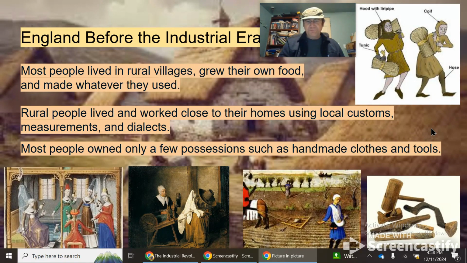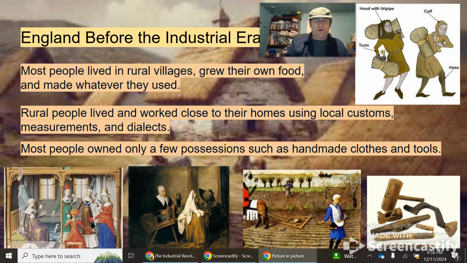Rural people lived and worked close to their homes using local customs, sometimes local dialects, local measurements. Most people lived their entire lives within a few miles of their homes. Most people owned only a few possessions, such as handmade clothes and tools.